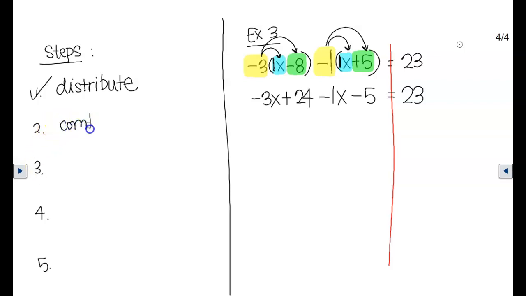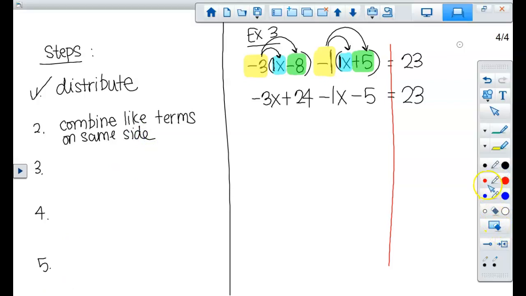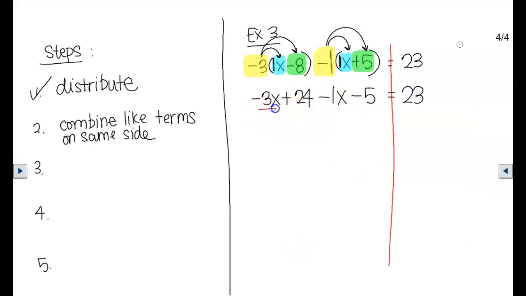All right, now once again, here comes our new step. Combine like terms that are on the same side. So let's get our colored pencils going. 1, 2, 3, 4 terms on side 1 of this problem. So I'm going to start with the first one, -3x.